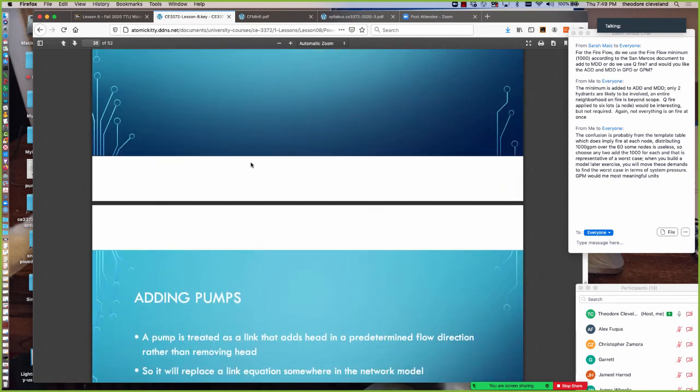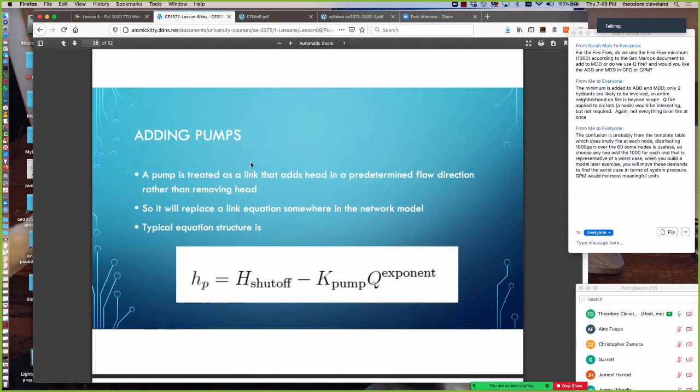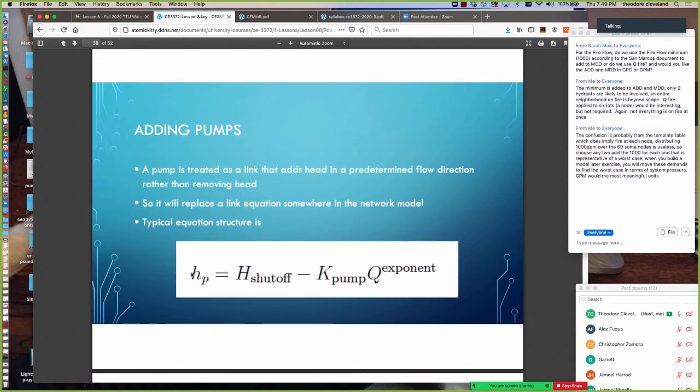So we've done it without any pumps in the system. If we want to add a pump, it replaces a link somewhere. So we simply would replace one of those pipes with a pump, and then we actually have to change the head loss model.